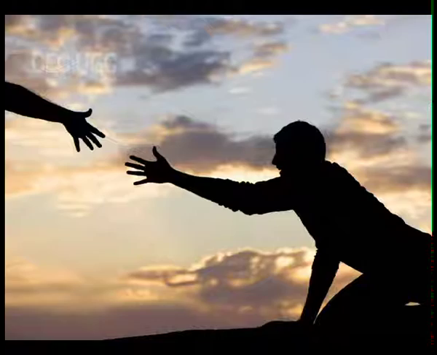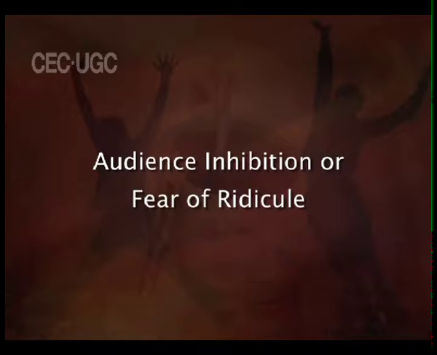It has been pointed out that there can be a special problem involved in assuming responsibility to provide help. There is another factor that interferes with the prosocial behavior. The person may think if he goes and acts, he might further harm the distressed person. With this kind of a fear, he holds himself back from offering any kind of help. Audience inhibition or fear of ridicule is another factor that acts heavily on prosocial behavior.